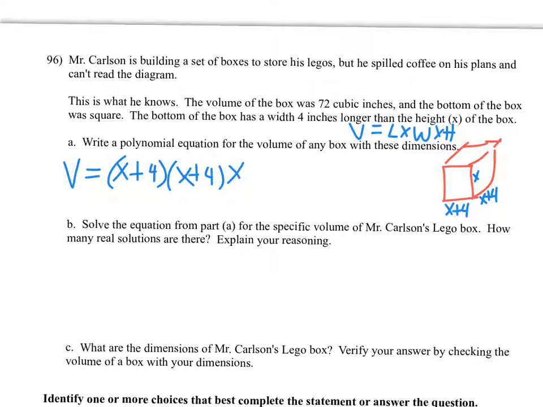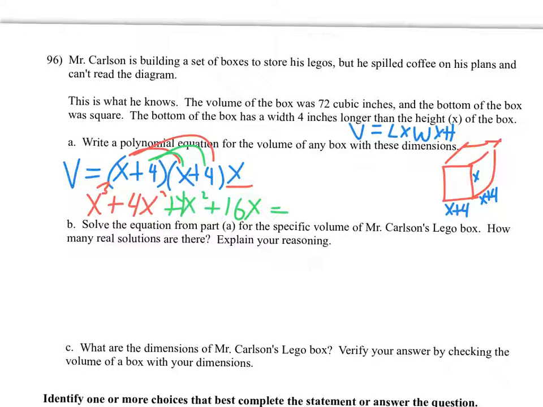The next step is going to give you an equation to work with that's based on this, but I'm going to multiply this out. We've got x squared plus 4x, and each of those is going to get an extra x from the end, so it's going to be x cubed plus 4x squared, and then plus a 4x squared plus 16x.